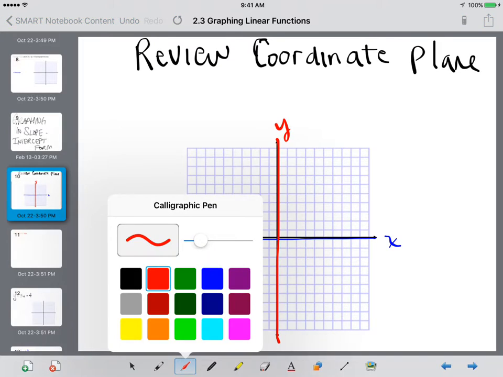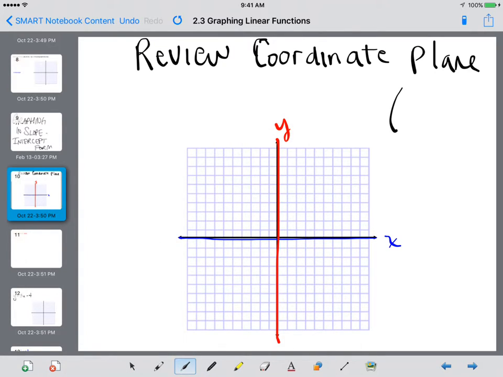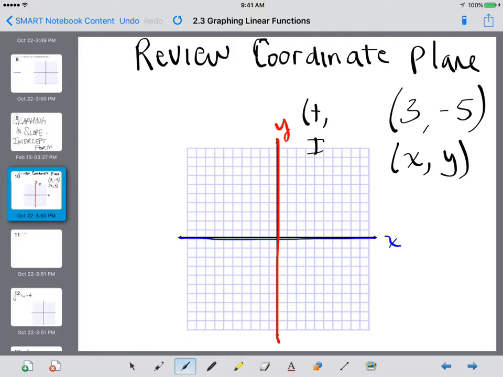When we write an ordered pair, such as 3, -5, the x value comes first, the y value comes second. Going around the coordinate plane here, in this right corner, this is called quadrant 1. It is where both numbers are positive.